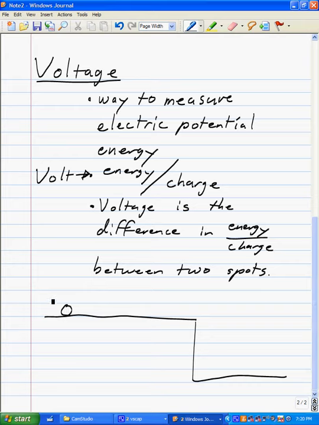The ground's flat. There's no difference in height. So, since there's no difference in height, there's also no difference in energy.